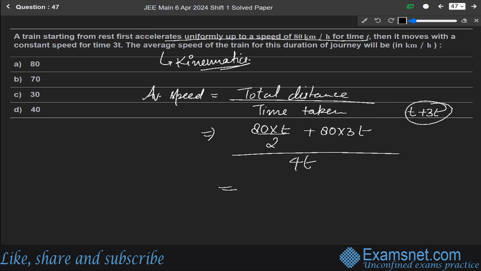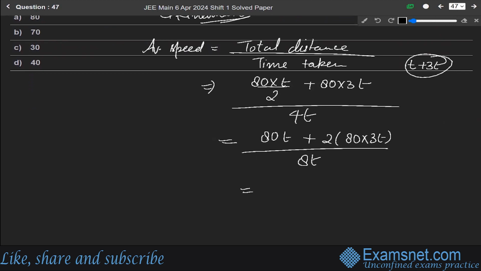So solving it and taking this LCM, we get 80t plus 2 into 80 into 3t over this will become 8t. So solving it, we get 80t plus 480t over 80.